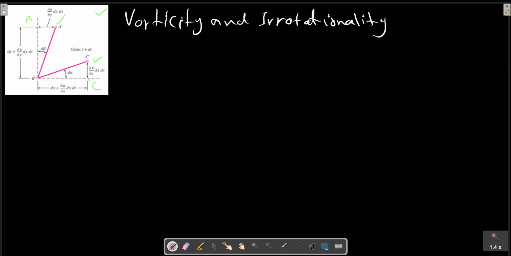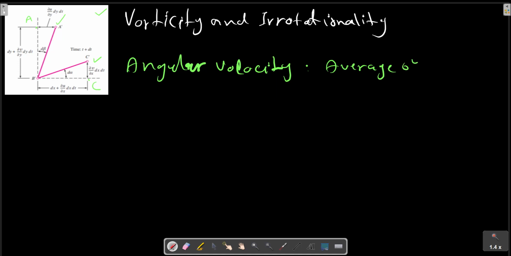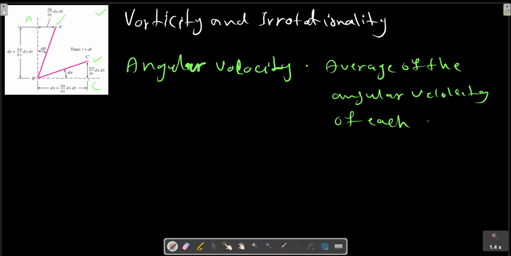We define the angular velocity omega z of an element of fluid as equal to the average of the angular velocity of each line, clockwise.